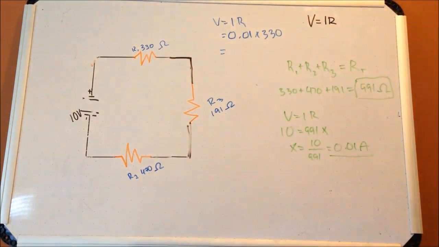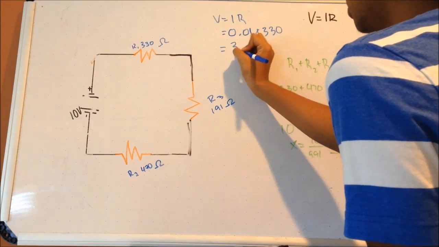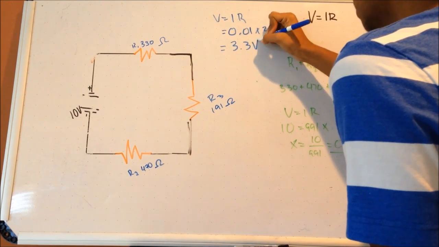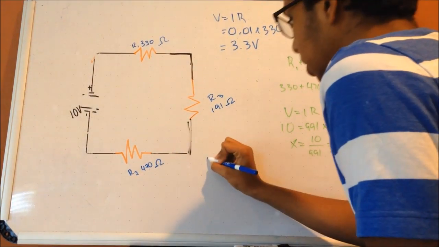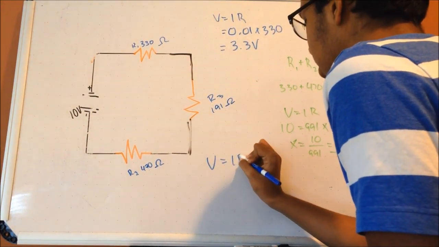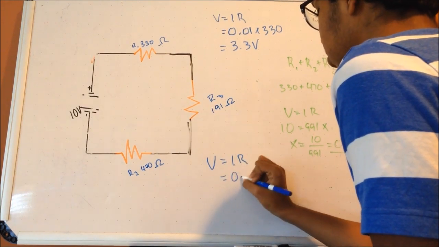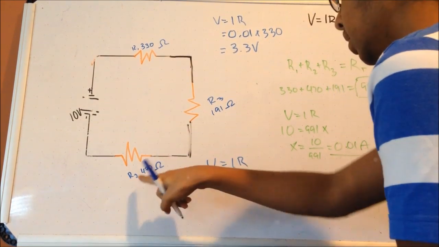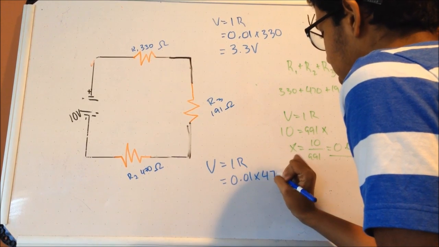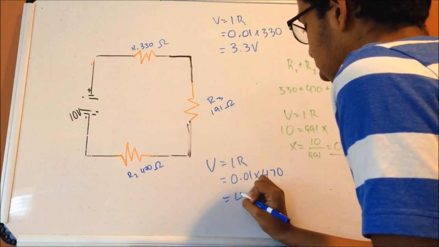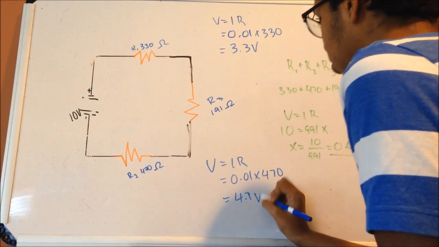That equals 3.3 volts. And for this one, V equals IR, 0.01 times this resistance, which is 470, that equals 4.7 volts.